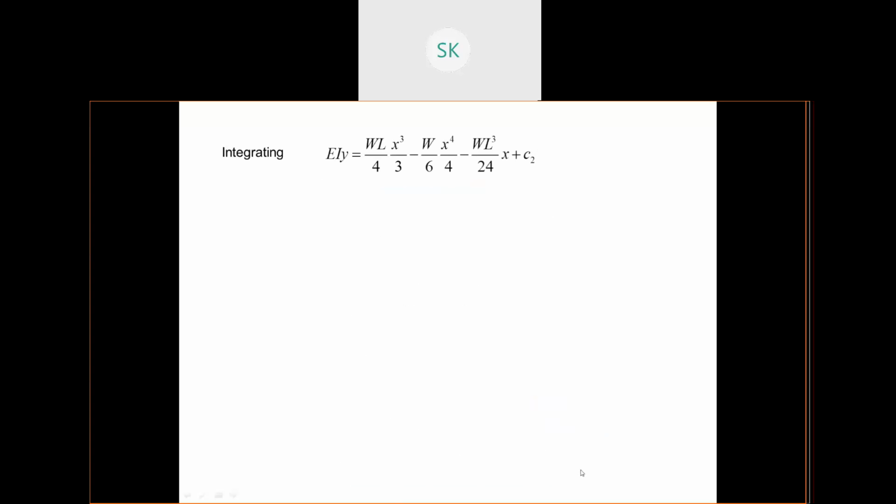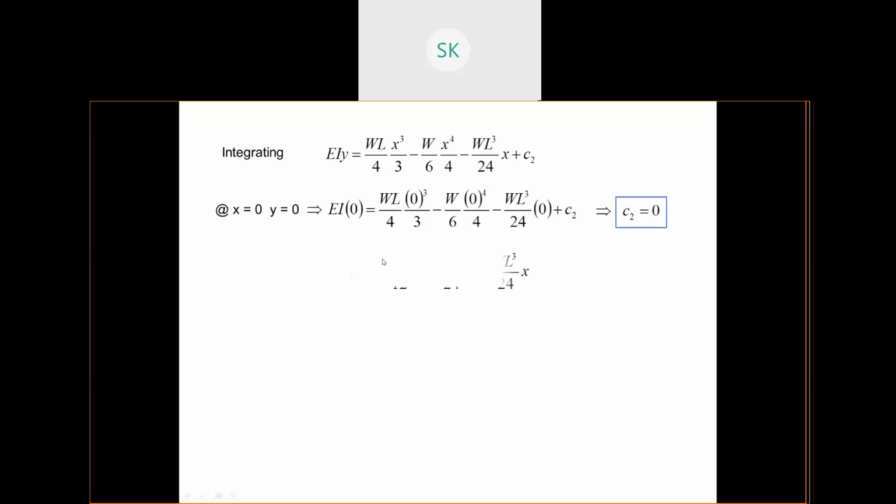Now integrating again, I'll get this equation. Now find the value of C2 with the boundary conditions x equals 0, y equals 0. This is your deflection equation for a simply supported beam with UDL. Now replace x with any distance.